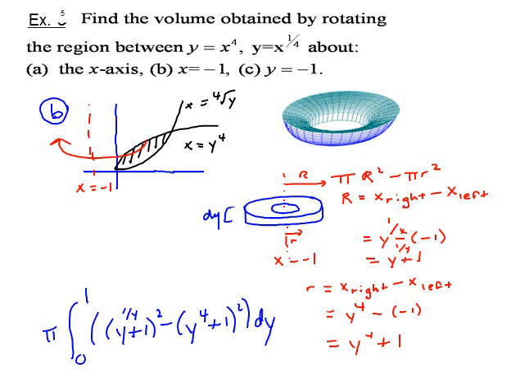This makes the outer radius y to the 1/4 minus -1, or y to the 1/4 plus 1. Likewise, the inner radius is y to the 4th plus 1. That makes the volume pi times the integral from y equals 0 to y equals 1 of (y to the 1/4 plus 1) squared minus (y to the 4th plus 1) squared dy.